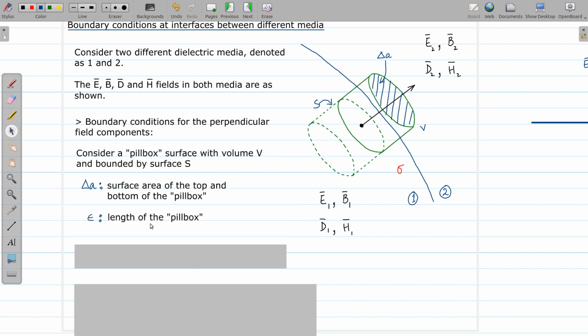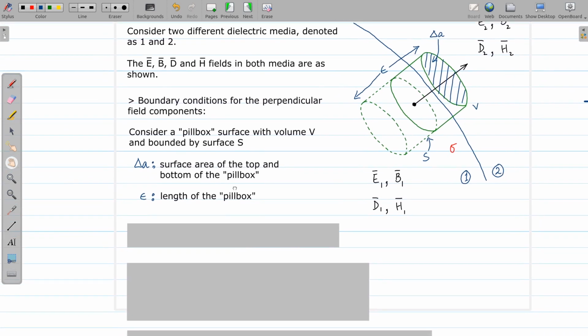Then epsilon is the length of the pillbox.